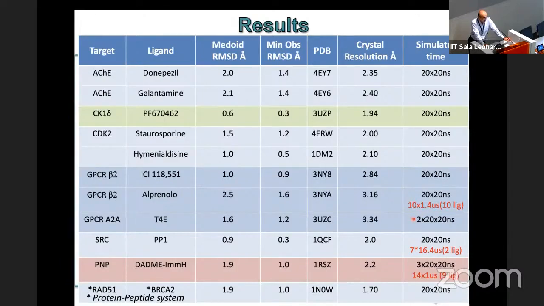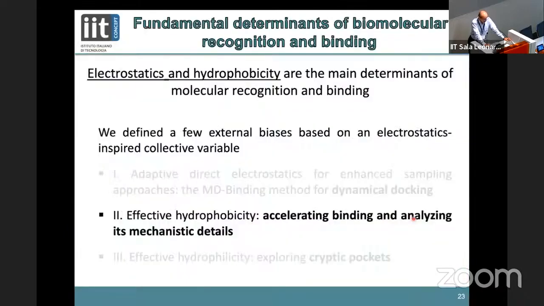That was also done by the D. E. Shaw group, and they found 3 binding events with 2 ligands in the simulation, but the mean time for binding was 117 microseconds, if I remember correctly. So this is something that can hardly be reached even by present computational resources. But you can do some tricks and get very similar results, which I think is very interesting from this point of view.